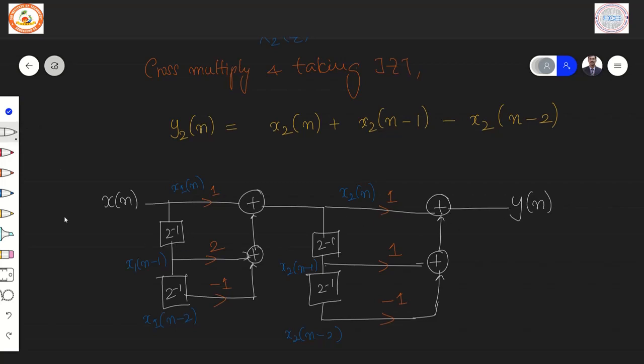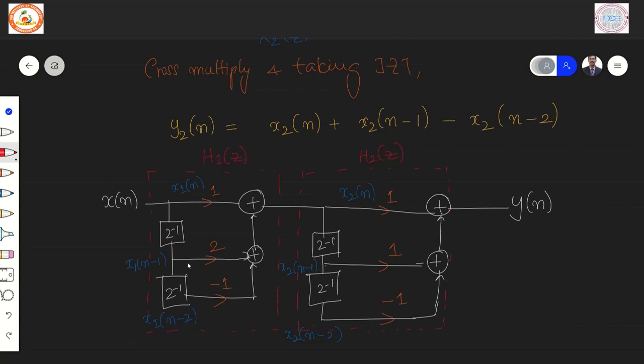This is the sort of arrangement where each of the sections is implemented separately. This part, let us call it the first stage. This is stage 1, which corresponds to the system function H1(z). Similarly, the portion here can be called stage number 2, which has H2(z).